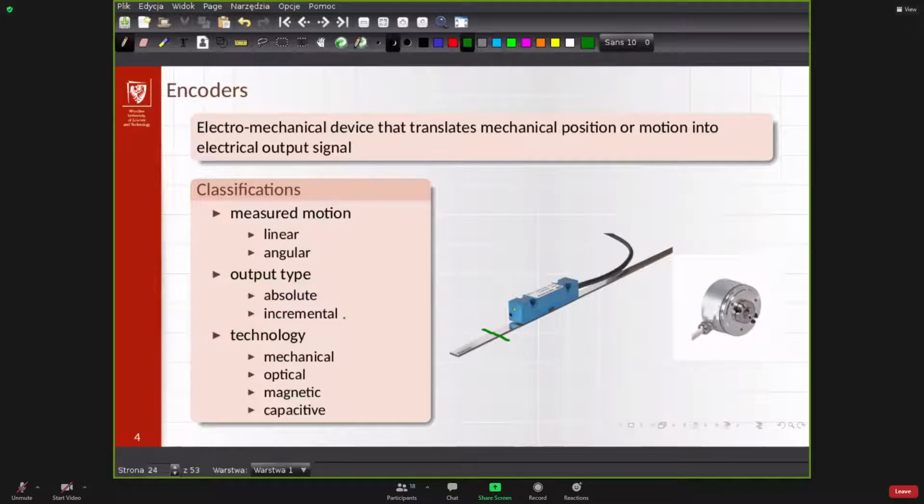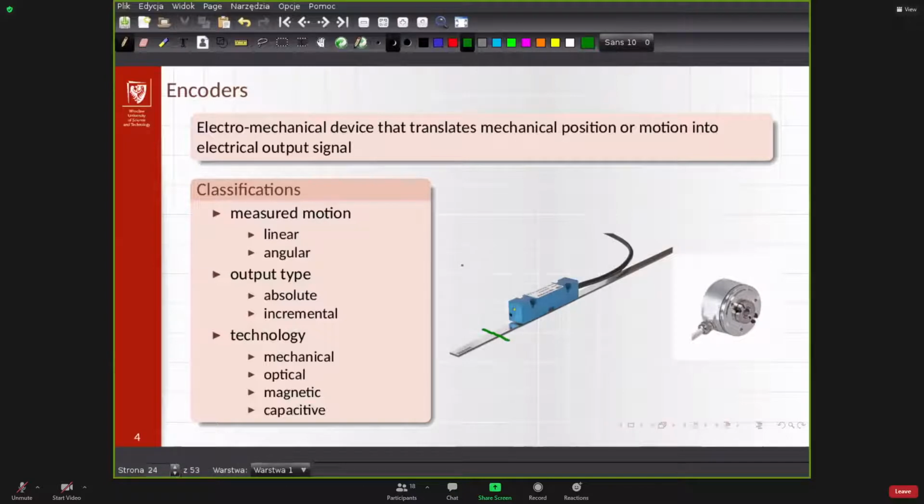The incremental encoders are the encoders that measure only the change of the value. So when you are at certain points and you don't know where you were a while ago, you only know how much you shifted from the previous step, but not what the absolute value is. So usually with incremental encoders, you need to either reset them in a certain position, go to a limit, and start counting again, or you need to store the previous value somehow.